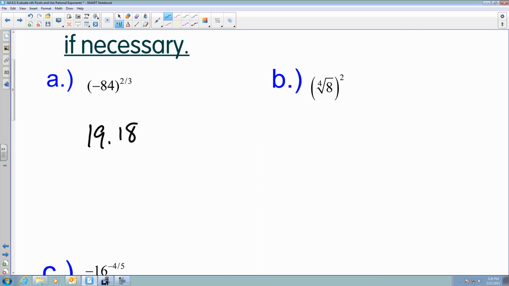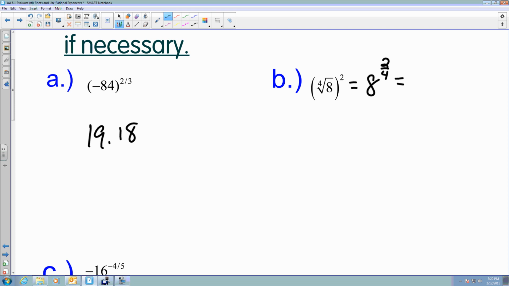Here, I can rewrite this as 8 to the 2 over 4 power, because my numerator tells me about powers, or how much I'm going to square it by in this case. And then the denominator tells me what root I'm going to take, and this happens to be the fourth root.